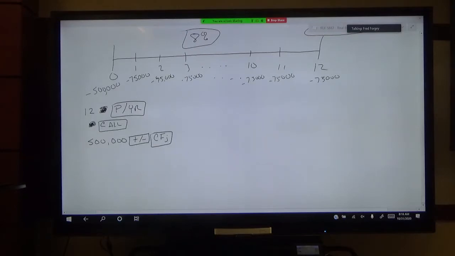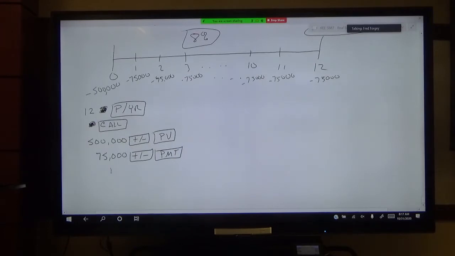Because this has the same dollar amount each period, we can actually avoid having to use the cash flow function. We'll just make it easier on you. In this case, we'll just have this as our present value. Okay? And then each individual payment that we make of $75,000, which will also be a negative number, that will be our payment amount.